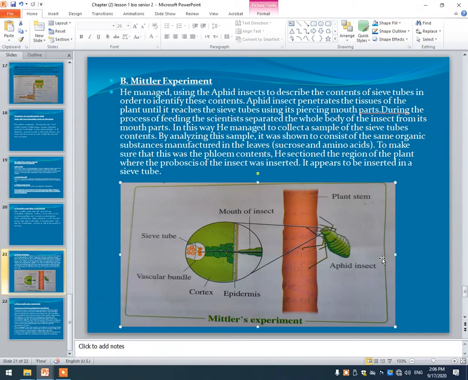By analyzing this sample, it was shown to consist of the same organic substances manufactured in the leaf, meaning it consists of sucrose and amino acids. To make sure that this was the phloem content, he sectioned the region of the plant where the proboscis of the insect was inserted. It appeared to be inserted in the sieve tube.